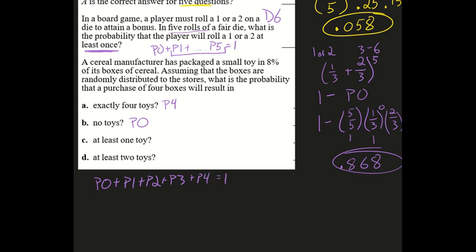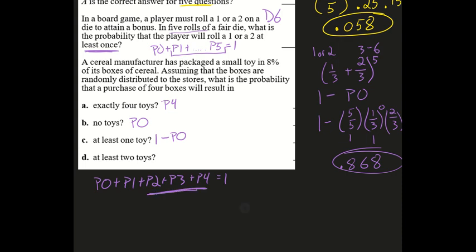So for C and D, when you're looking for ranges with this, at least 1 toy is all of this, because it's 1, 2, 3, or 4 toys, and you add those together. So you can just do 1 minus P0, which is your answer from part B. At least 2 toys is 2, 3, or 4.